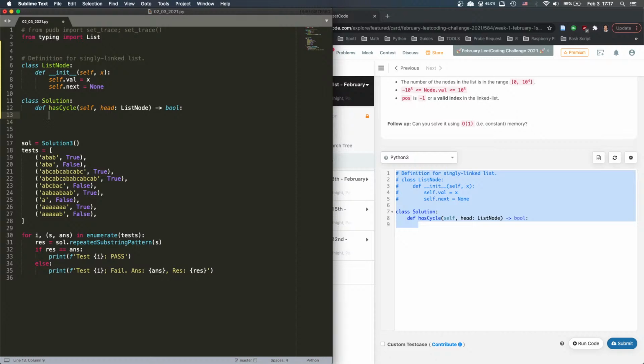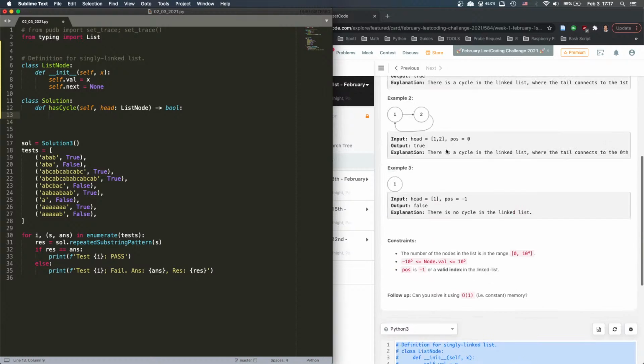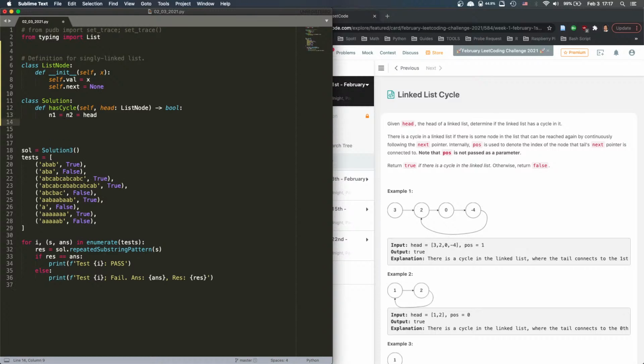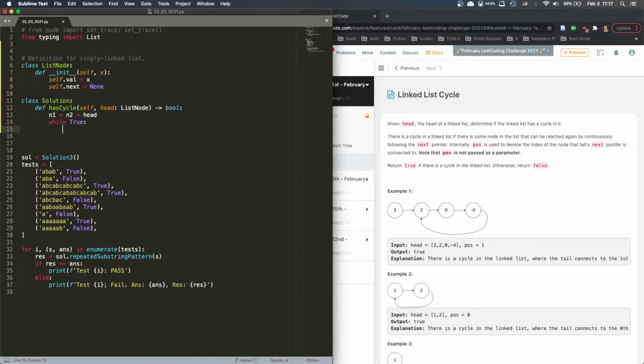All right, let's take a look. How shall we do it? We're going to have two nodes, n1 and n2, both equal to head. And while true, so we don't have to handle this. But what if n2 is null?